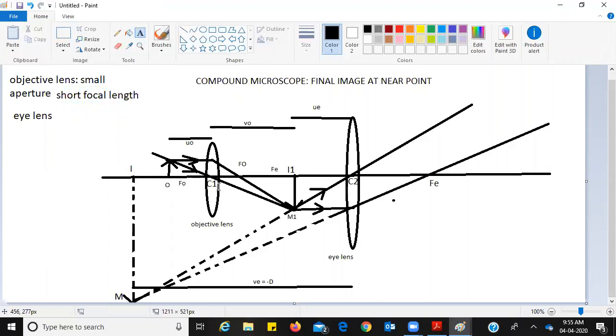These are all very small objects, like you normally see in the biology lab: the onion cell, leaf section, virus, bacteria.